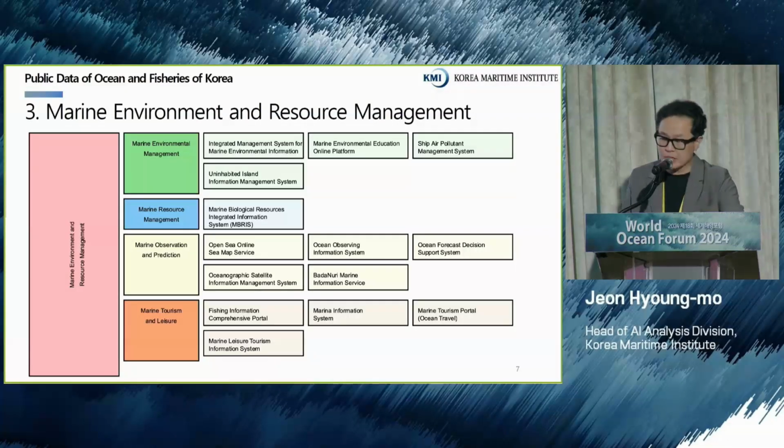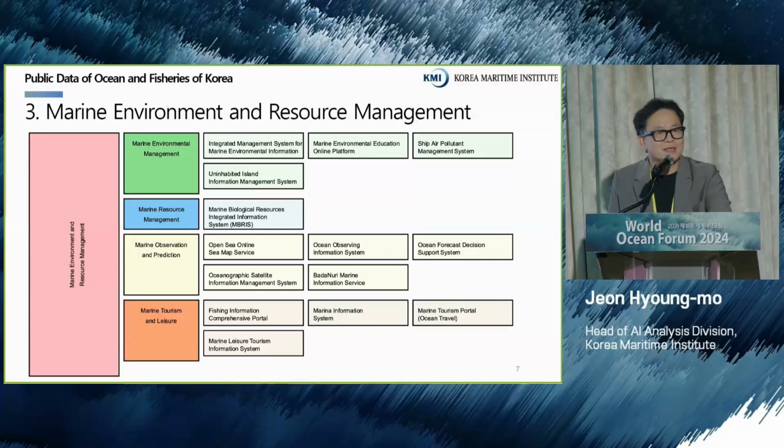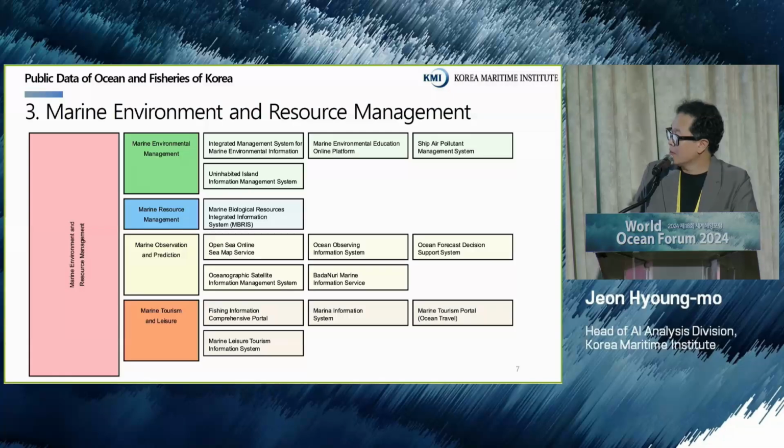Third is marine environment and resource management. There are 4 categories: marine environment management, marine resource management, observation and forecasts, and tourism and leisure. We considered a lot whether to include tourism and leisure in environment management because the tourism and leisure part is quite vague.